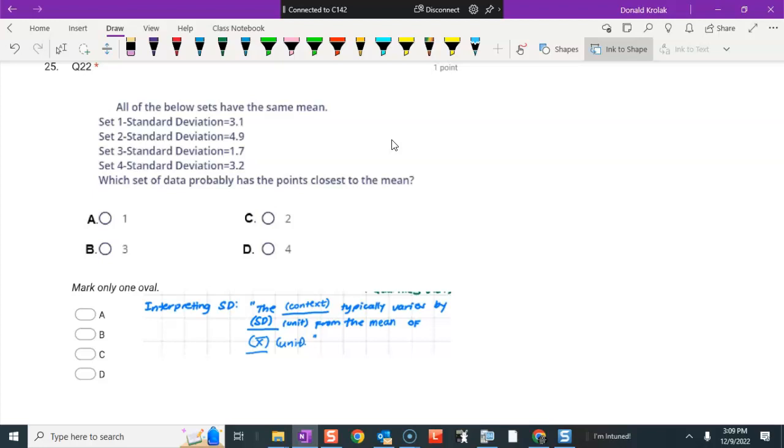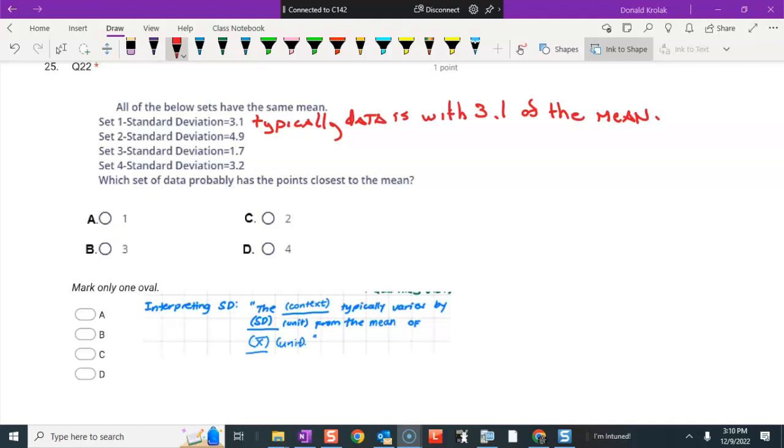So for set 1, typically the data is within 3.1 points of the mean. Set 2 would be within 4.9 of the mean.